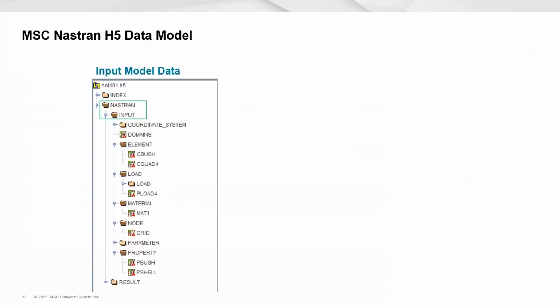So this is the input data. This just represents, if you will, what your bulk data file has in it. It's not a 100% representation, not every parameter control, but all the model data. So all the elements, all the nodes, all the loads, all the properties, most of the case control is in there. The domain definition. Domain is kind of a funny thing because it's not a Nastran word. Domains are really, when you do a solution, if you're doing linear statics, each of the subcases would be a domain.